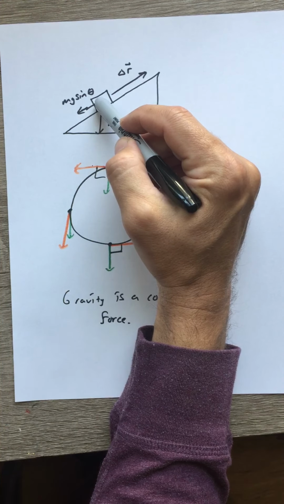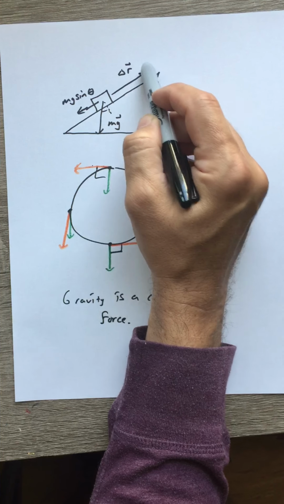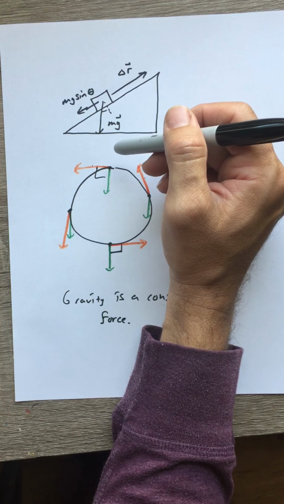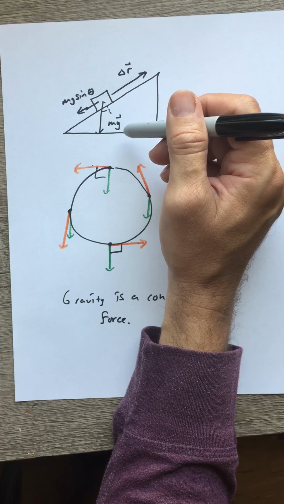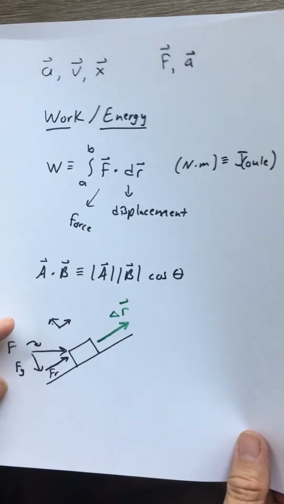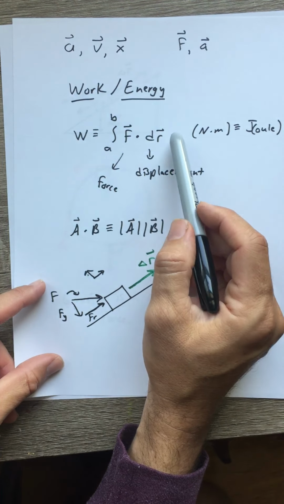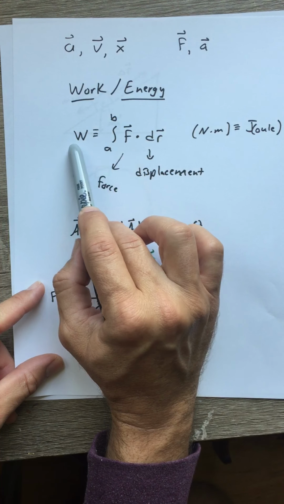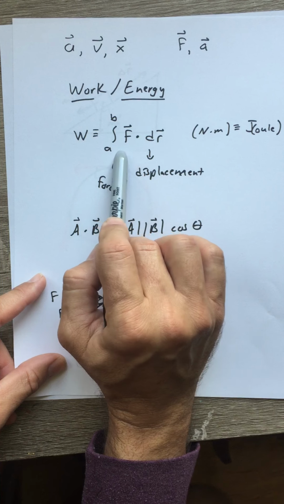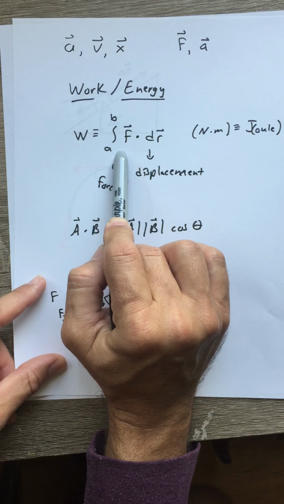That's not the case for friction. Friction gives me some negative work going up, and then because it flips around as I come back down, it gives me more negative work, and so you cannot add a negative number to a negative number and get 0. So you've got to be a little bit careful when thinking about this. Just because your displacement is 0 does not necessarily mean that there was no work done. That depends on what kind of force this is. If this is a friction force, you've definitely done work, right?